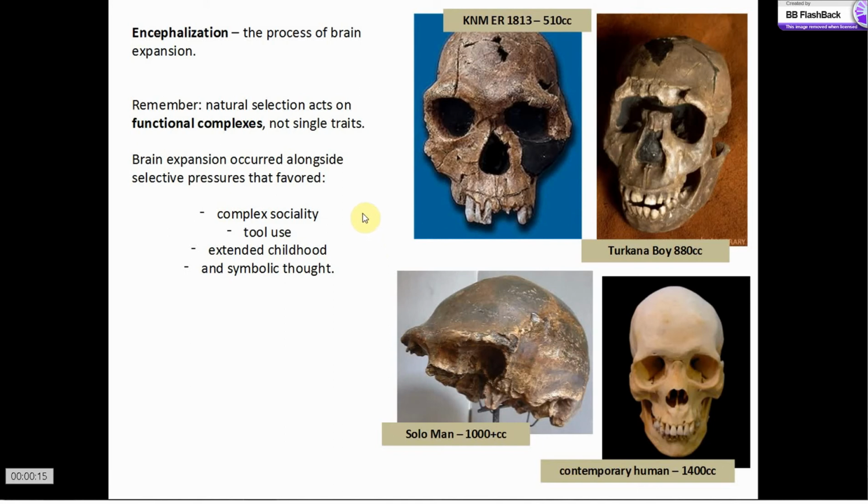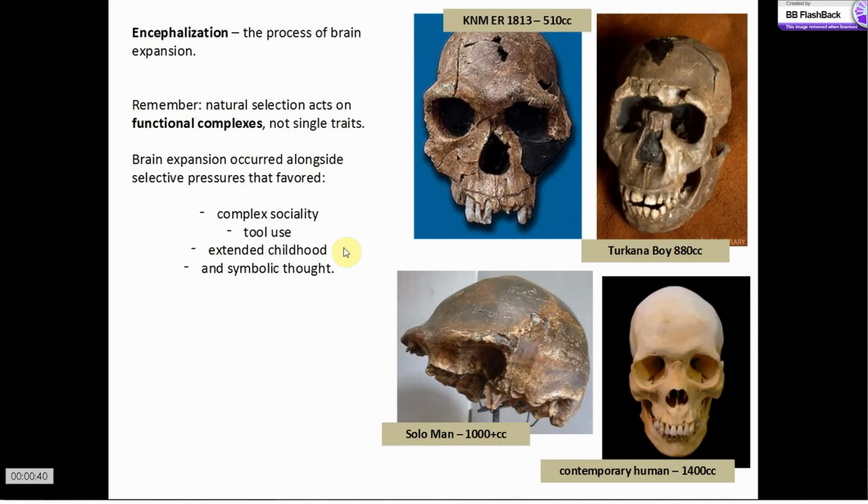The expansion of the brain occurred alongside Australopithecines' and Homo's complex sociality, or the increasing complexity of the social forms that these organisms could have. Brain expansion was an adaptation that occurred alongside more intense tool use as humans emerged from Australopithecines.